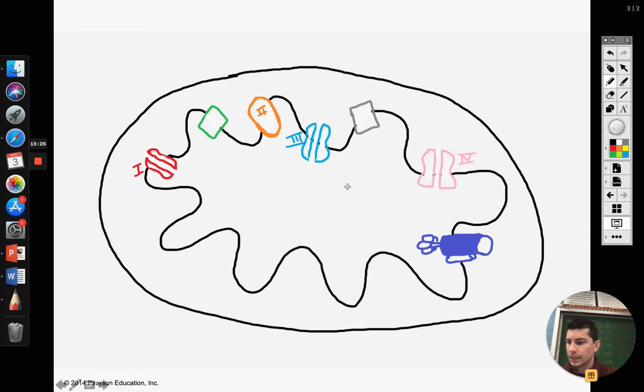Okay. We're going to have our cytochromes as well. This one here, okay, this is called coenzyme Q. And the gray one here, this is going to be cytochrome C.